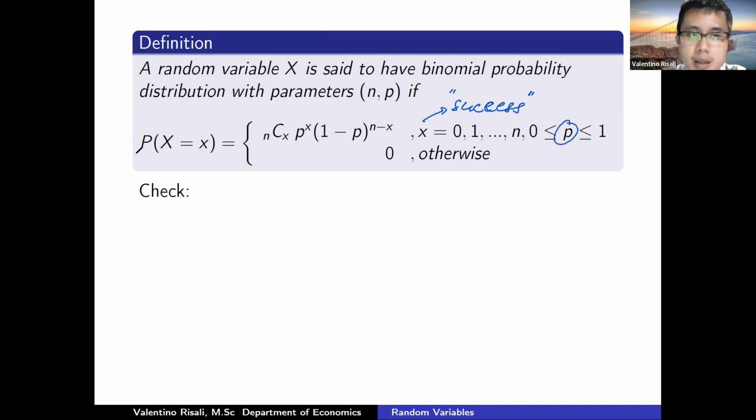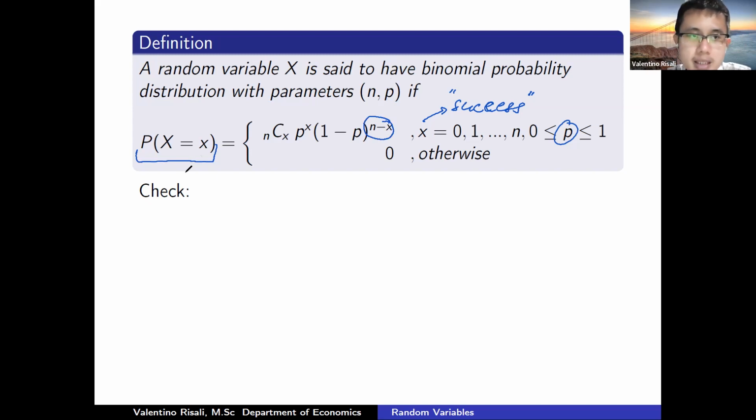This notation means we have x successes, and of course because the tossings are independent, the probability to have x successes is p to the power of x, and the probability to get failure is 1 minus p to the power of n minus x, because if we have x successes, of course we have n minus x failures.